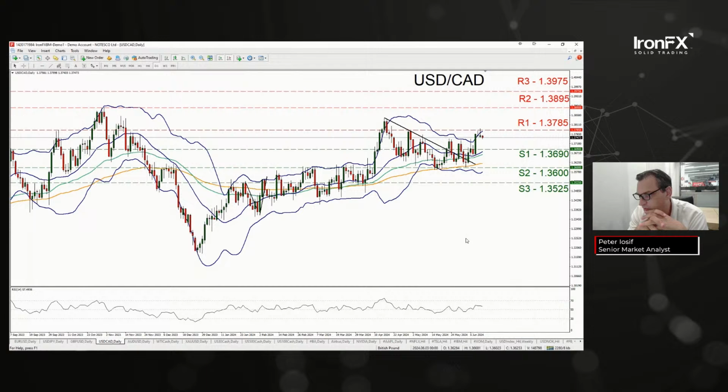For a bullish outlook, we would require the pair to breach the R1, 1.3785, and start aiming for the R2, 1.3895, nothing less. And the Fed's interest rate decision could provoke such a result. On the flip side, should the bears take over, we would require the pair to breach the S1, 1.3690, and start aiming for the S2, 1.36.